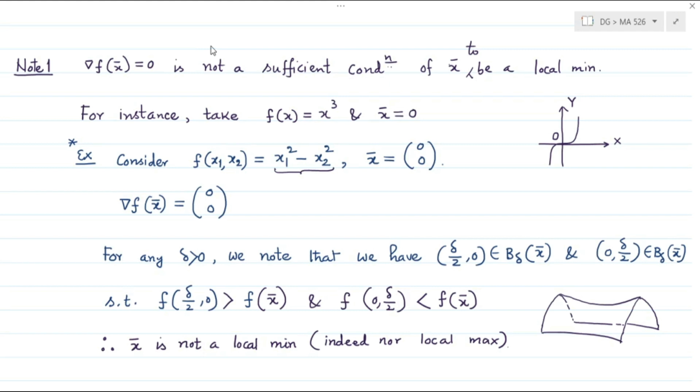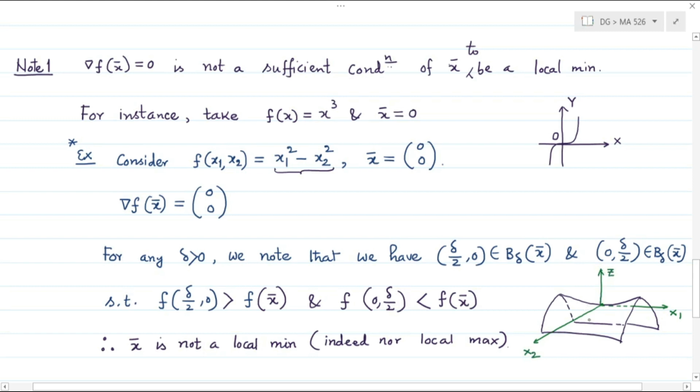And here let me draw the axes. Here is the origin, the point x bar, and at x bar you have the location of the axes. This is my axis x1, and here goes the axis x2, and here goes the axis z, the function value axis.